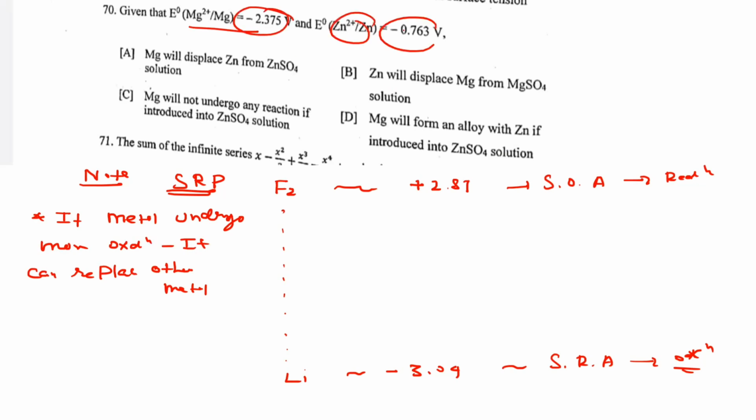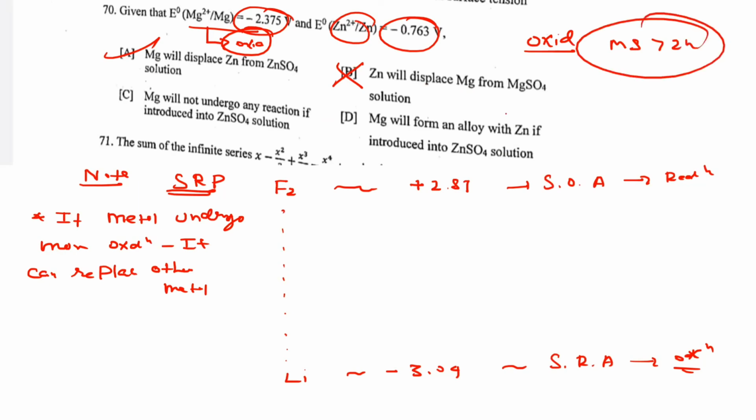Zinc value minus 0.763. Which is the more negative value? Magnesium, right? Therefore, it undergoes more oxidation. Therefore, which can be replaced? Magnesium can replace the zinc ion, right? What is the answer? Magnesium will replace zinc ion from zinc sulfate. Never can zinc replace magnesium, because in the oxidation process, magnesium undergoes more oxidation compared to zinc.